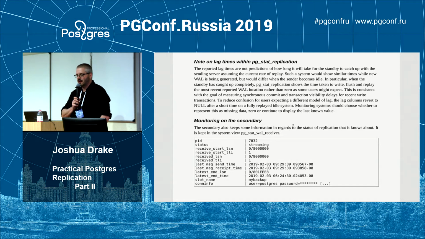This is consistent with the goal of measuring synchronous commit and transaction visibility delays for recent write transactions. To reduce confusion for users expecting a different model of lag, the lag columns revert to null after a short time on a fully replayed idle system. Monitoring systems should choose whether to represent this missing data as 0 or continue to display the last known value.